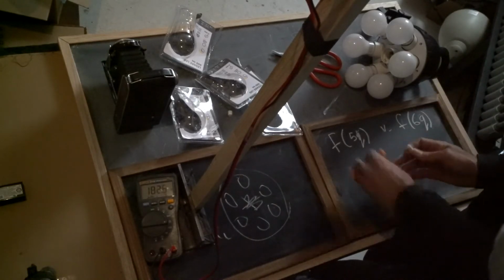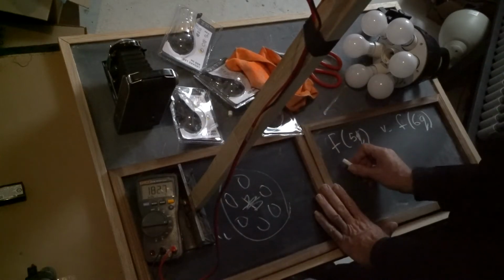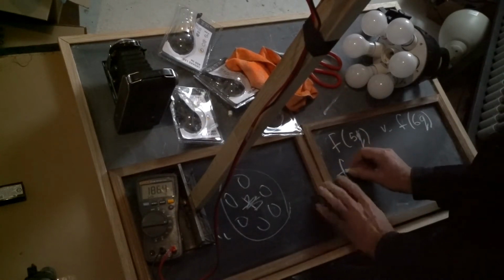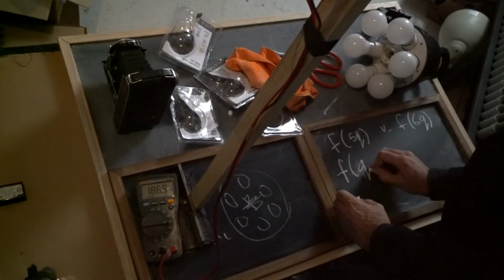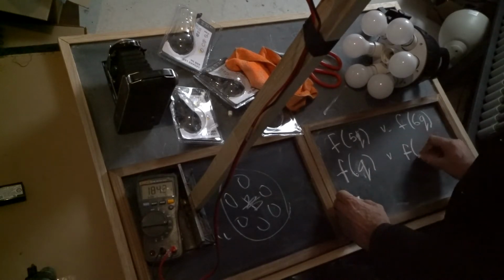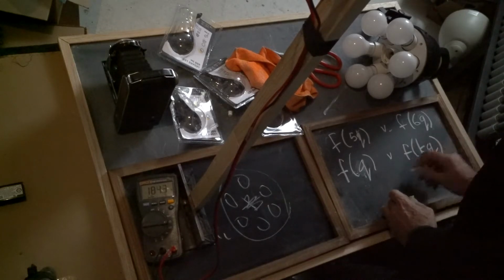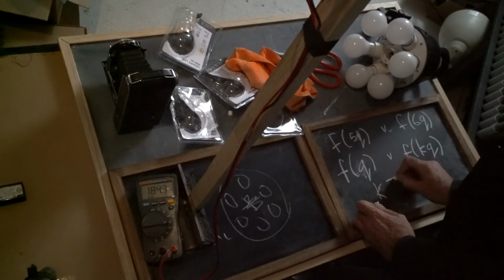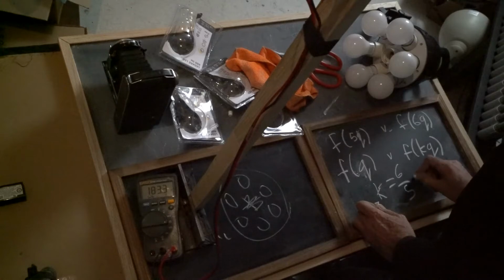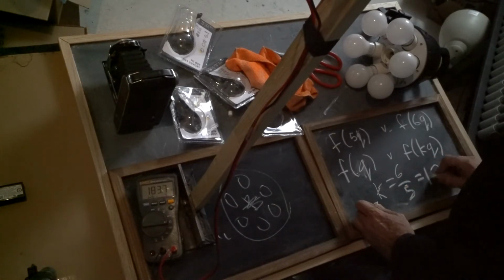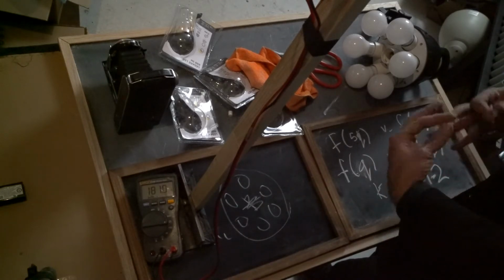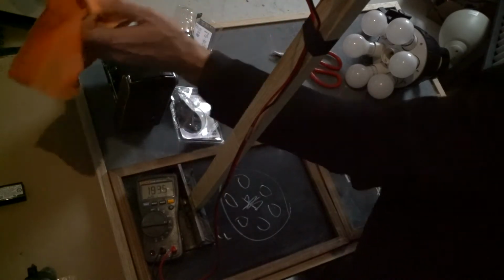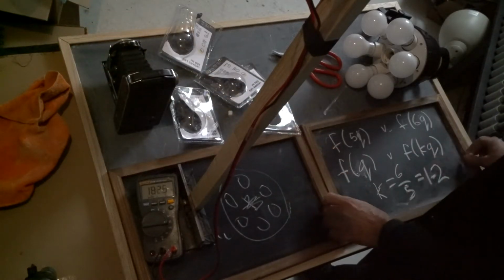And more generally, we could say I've got f of Q versus f of KQ, where K equals 6 over 5, which equals 1.2. And so we've got a 20% increase. Rather than a doubling, we've got just a 20% increase in the amount of light.